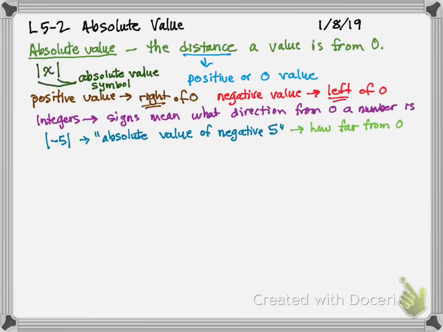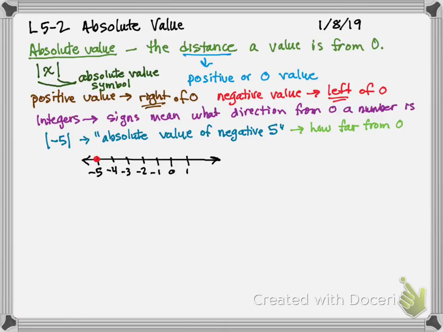So if we have a number line, 5, 4, 3, 2, 1, 0, just for the fun of it, and we've got negative 5 here.